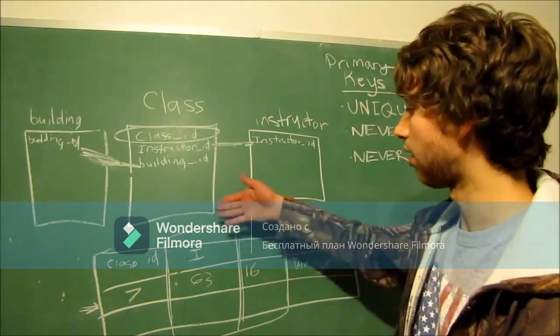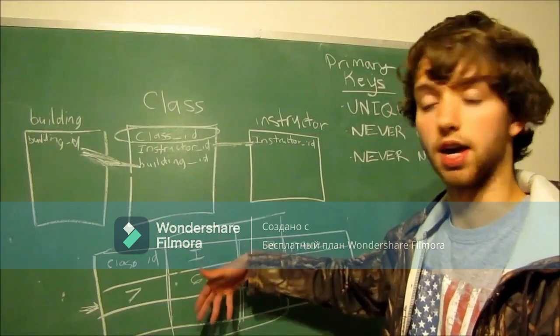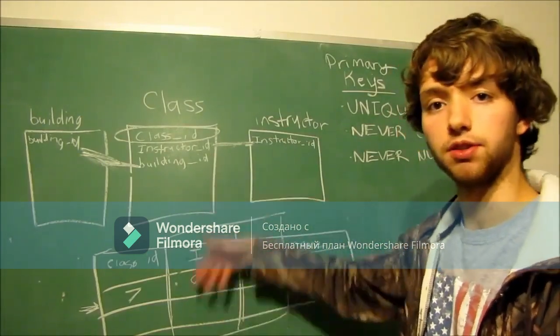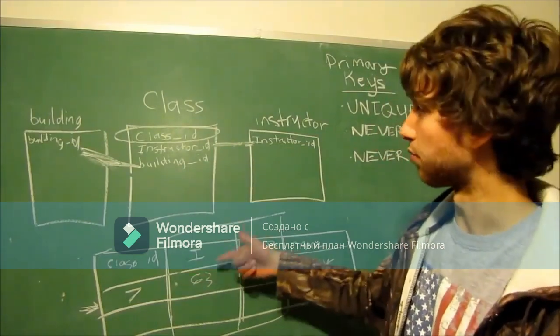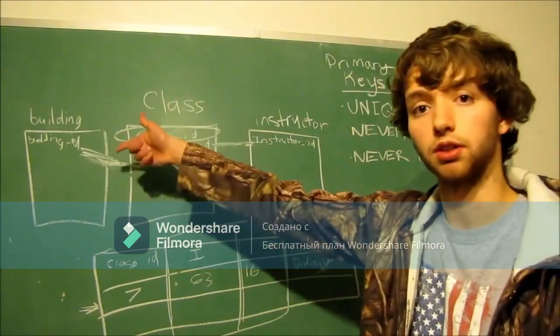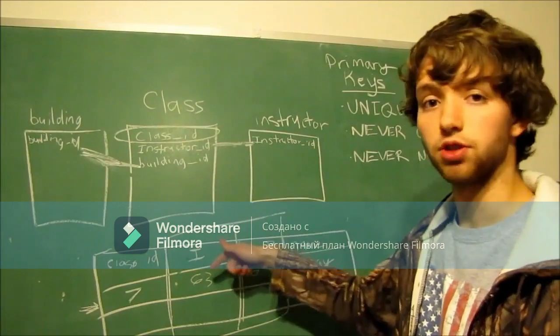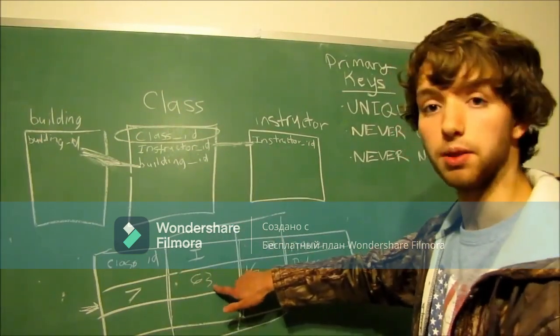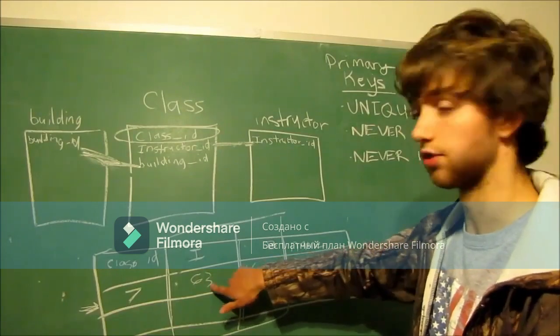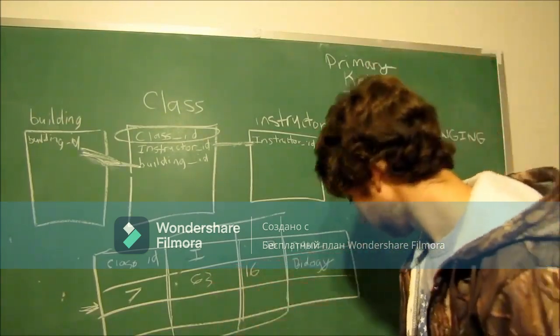So you can see that the column has rules set to say that every single row is going to have to reference an instructor and a building. Now each individual row, we could say, the specific row references the building 16 and the instructor 63. You see?